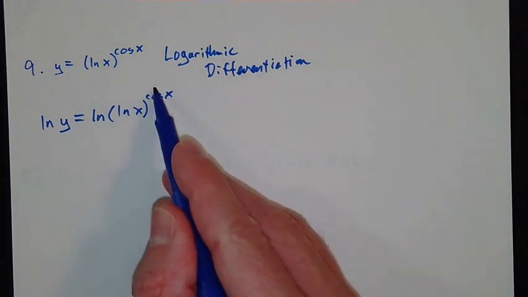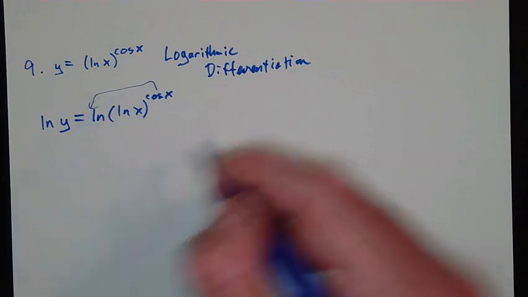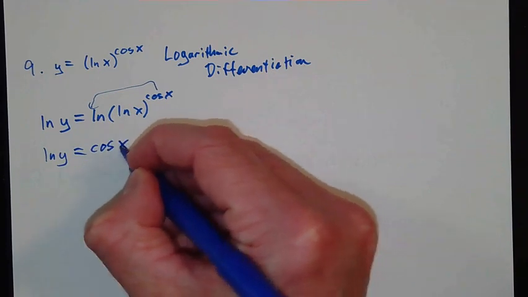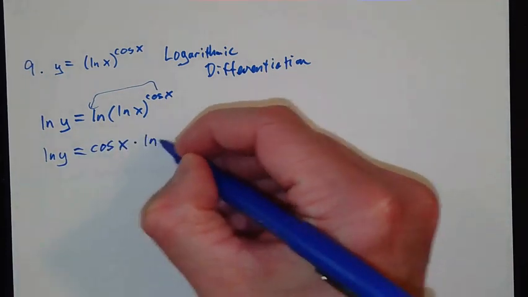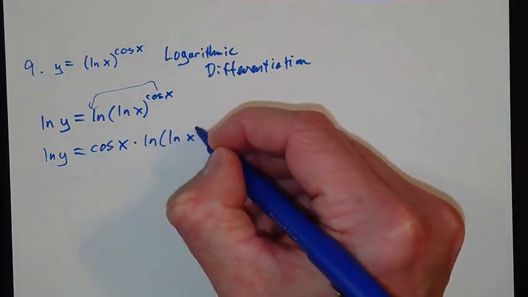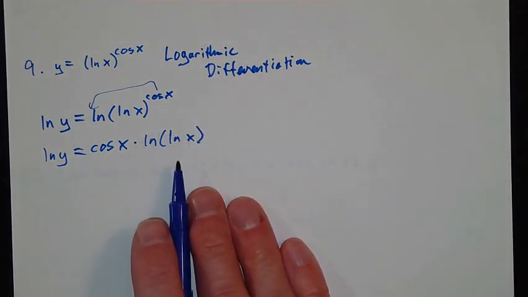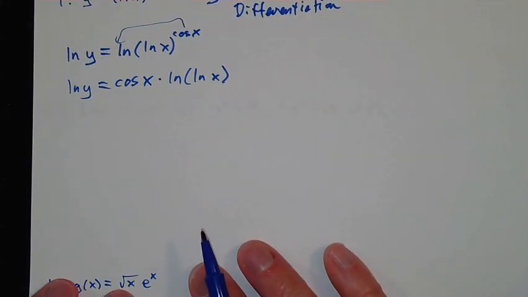Now I can bring that over into the front. And now I've got a function times a function. And this nested log is a little bit complicated, but well, nothing that we can't handle, right?